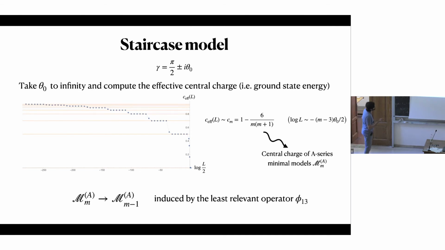It's well known that there is a deformation of a minimal model that takes you to another minimal model. So if you start with a minimal model, for example the plateau of the tricritical, you turn on a relevant operator, and it's known that this tricritical flows to the critical Ising model. And so this is the interpretation.